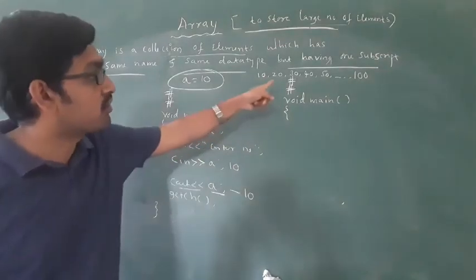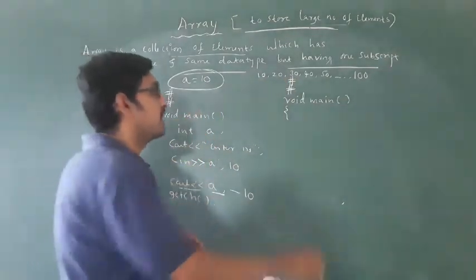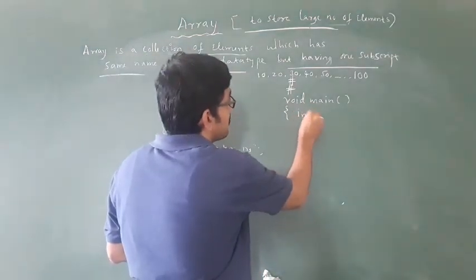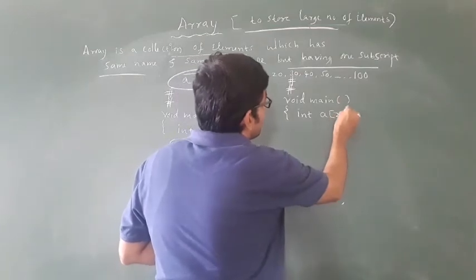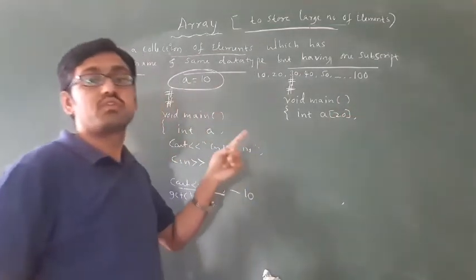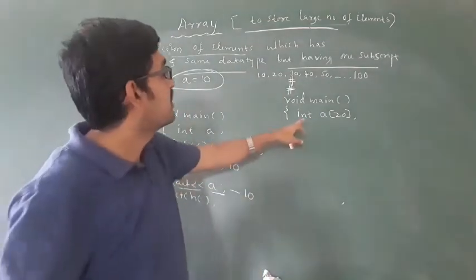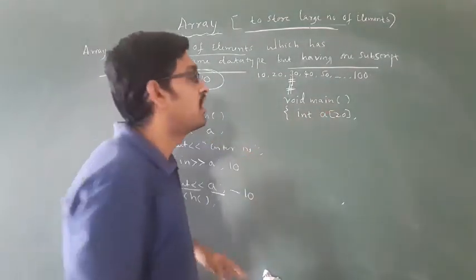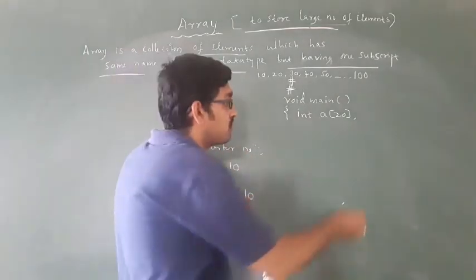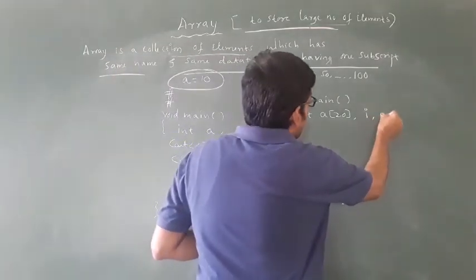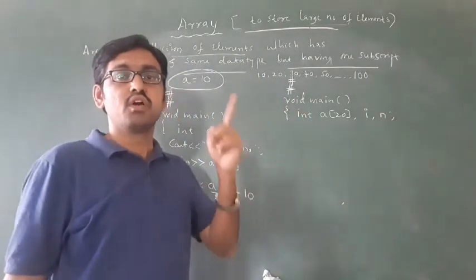Now if you want to store a group of elements, then you use an array. How do you declare an array? Take int a of how many elements? a of 20, you can store 20 elements in this. You can take 100 also, no problem. Wherever an array is there, I and n are common.